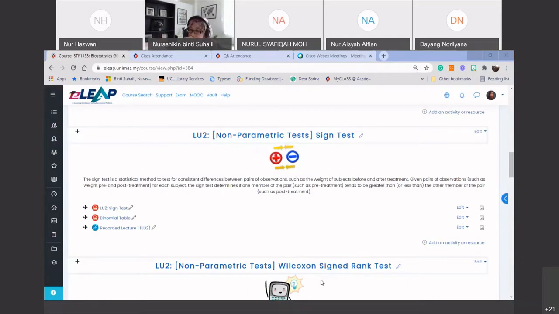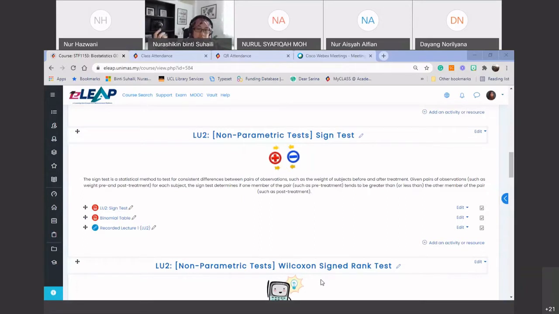So it doesn't take into account how much. Regardless of whether it's +1 or +9, the difference is considered as positive. So the downside of it, even though it's a simple test, is that it doesn't give us a very strong conclusion at the end.